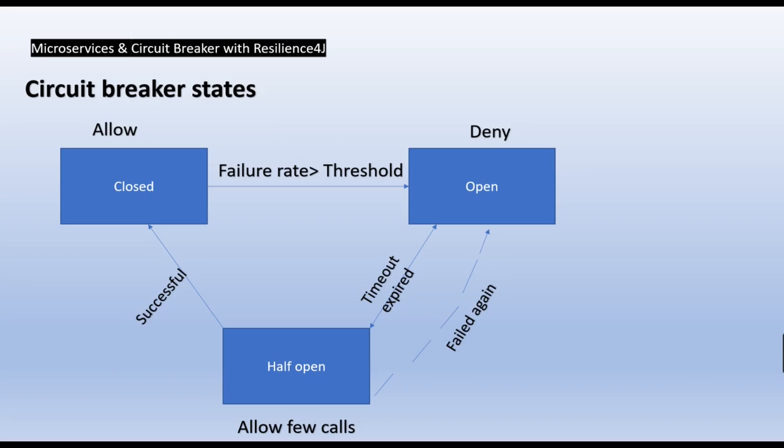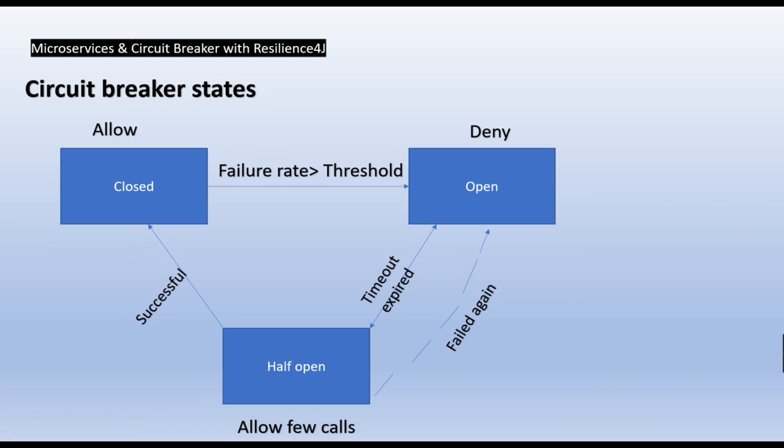Closed state means there is no issue at all. Then one service can hit another service. Order service can hit payment service, and until and unless there is no issue, it would be in a closed state. Suppose due to some reasons that particular service is having some issue, then what will happen? Programmatically, we need to open the connection between two services.